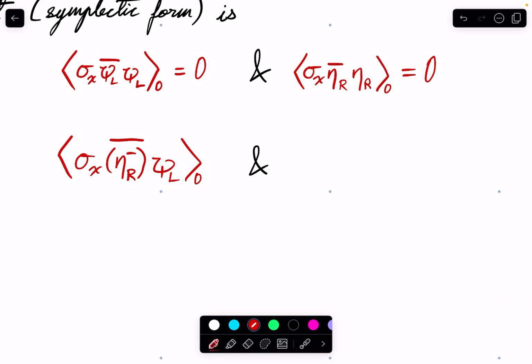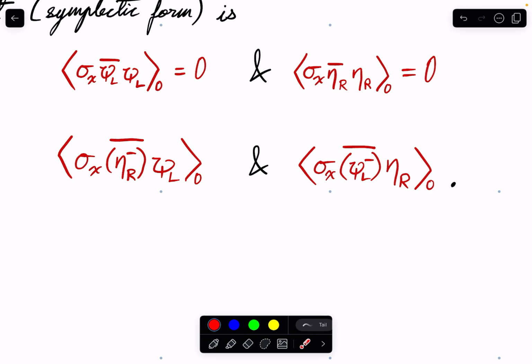And there's an equivalent thing you can do for right spinors.